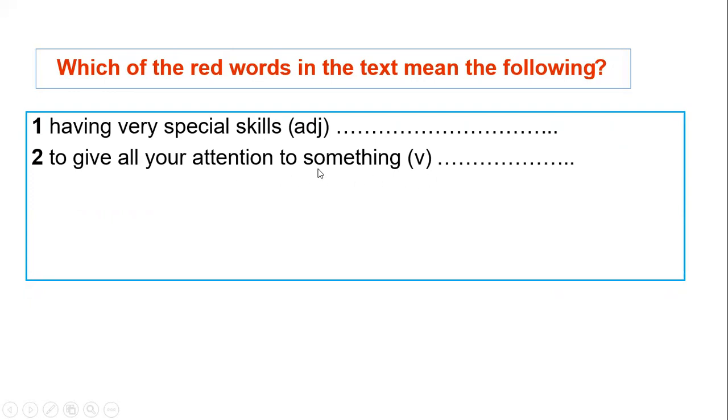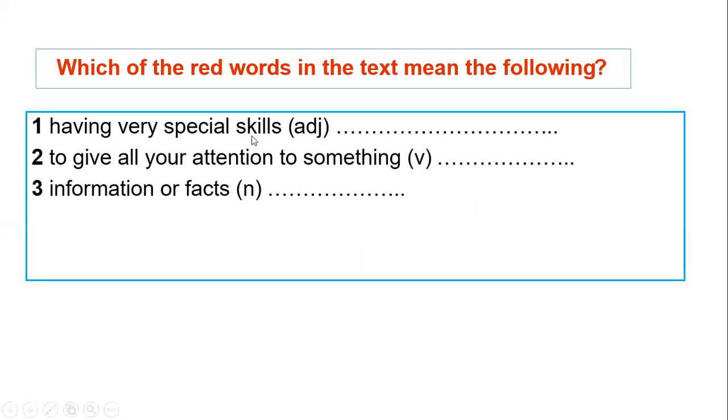What does this phrase or this sentence mean? Information or facts. I want you to get a word from the text with the same meaning as information, and another word which has the same meaning as giving attention to something.